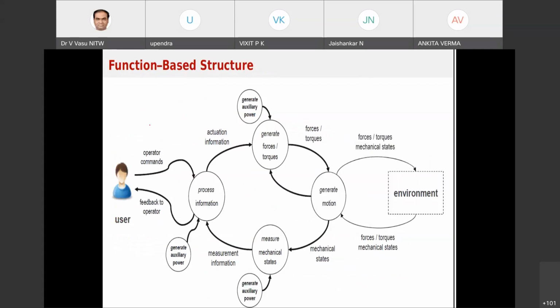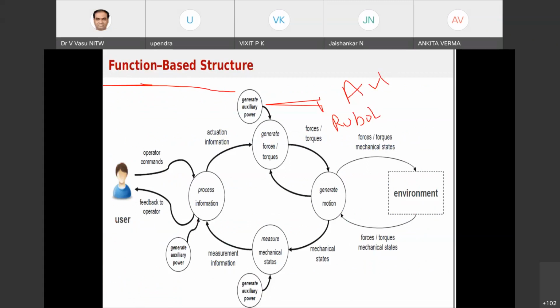Another important thing is you can have a function based structure also, where you consider the environment and how these particular functions work in that environment. One best example is automation. In automation, we have robots working in that automation area.